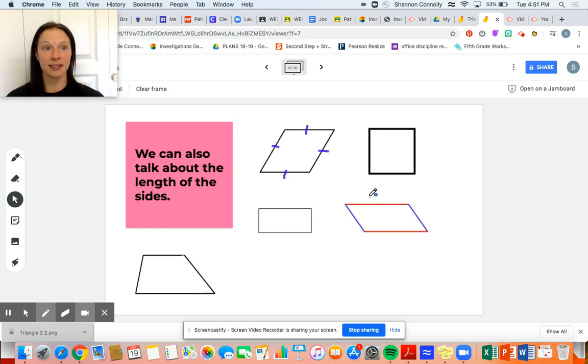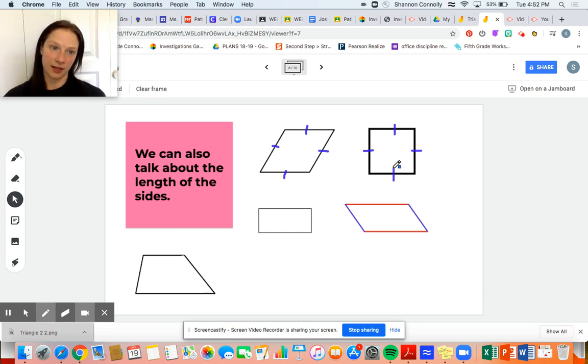So I'm not necessarily saying, oh, it's like 12 inches long. I'm not meaning that. I mean, if all the sides are the same length, you can talk about, okay? Over here, if I look again, I see that this side and this side are equal to each other. And then I'm like, well, this and this are also the same length. So in that shape, all 4 sides are equal as well.